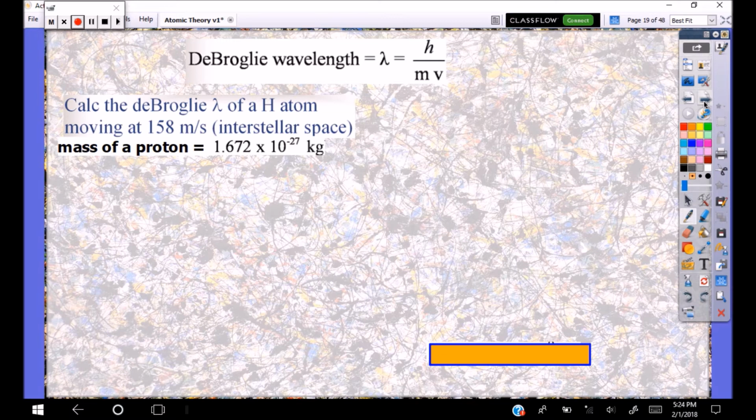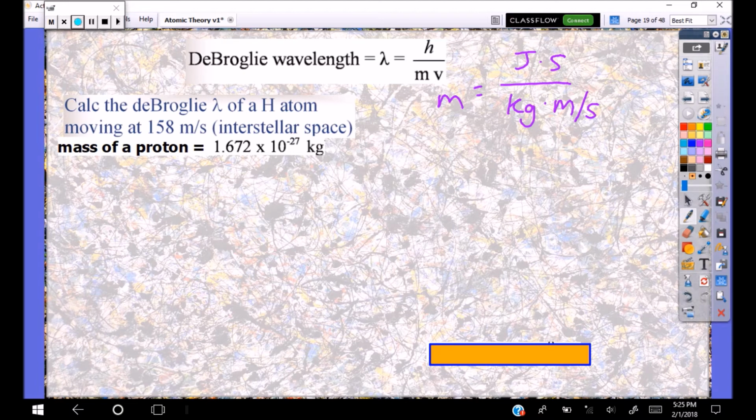Okay? So the key to this is we have to look at units first. We have to look at the joule, because the joule is going to determine our units a bit here. We have joules times seconds, kilograms, and then velocity in meters per second. And that looks weird. It doesn't look like that's going to cancel out and give us meters, but it does.